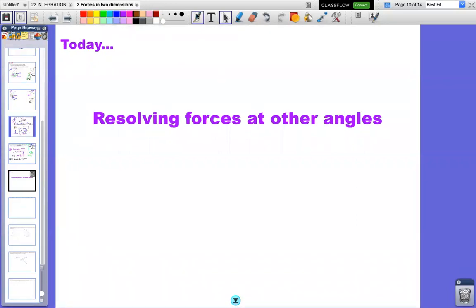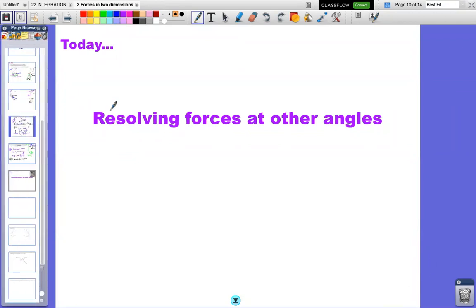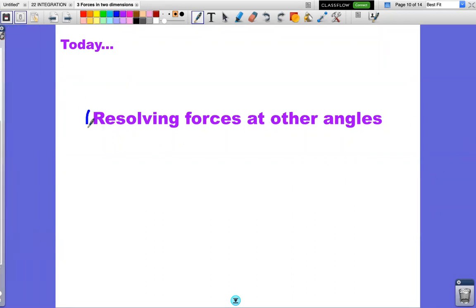We are supposed to finish up with these things very soon. So we just move ahead, okay? No matter whether other students are coming or not. So today we'll just move ahead and talk about how to resolve forces at other angles.